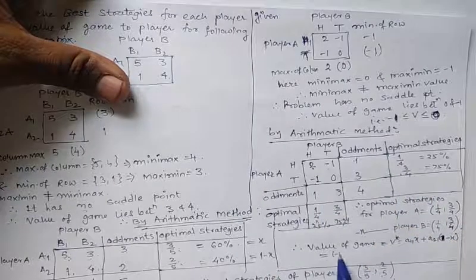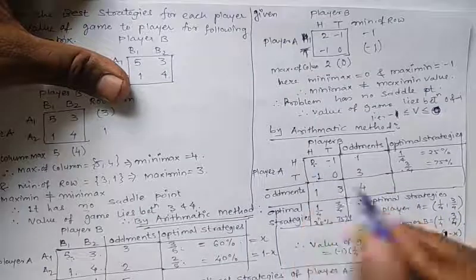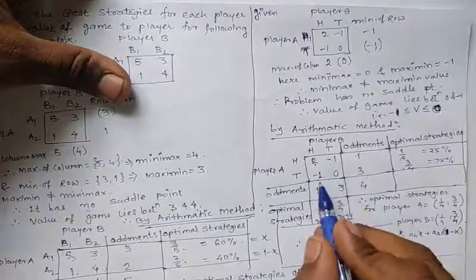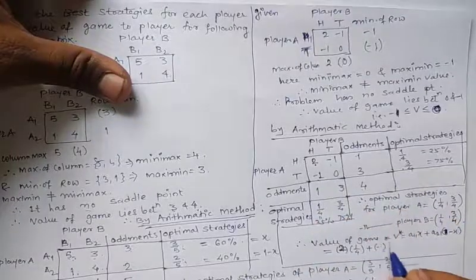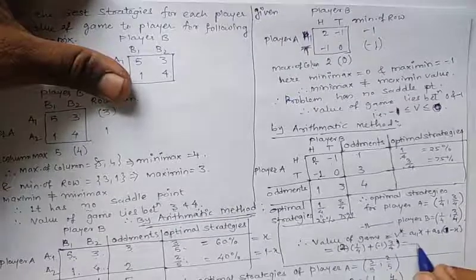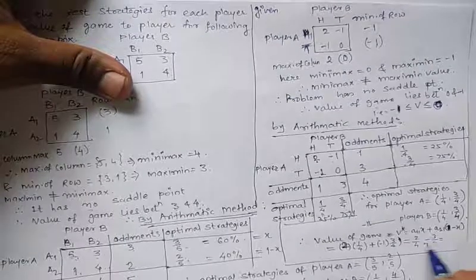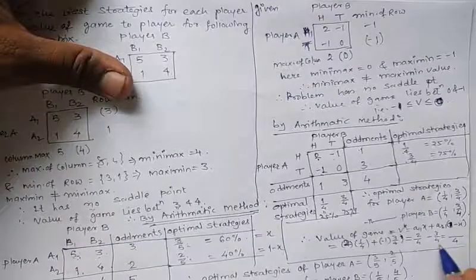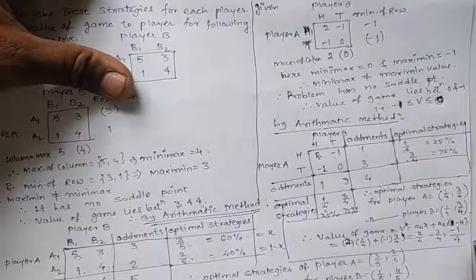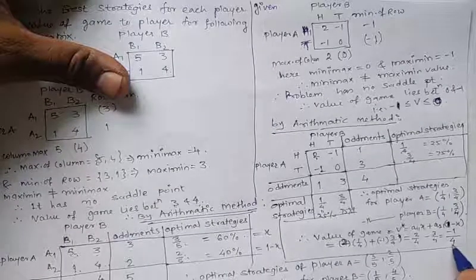So minus 1 into 1 by 4 plus 2 into 1 by 4 plus minus 1 into 3 by 4. Adding, we get 2 by 4 minus 3 by 4, and since the denominator is the same, 2 minus 3 gives minus 1 by 4. So the value of the game is minus 1 upon 4.